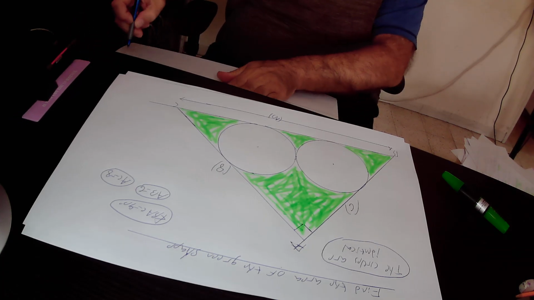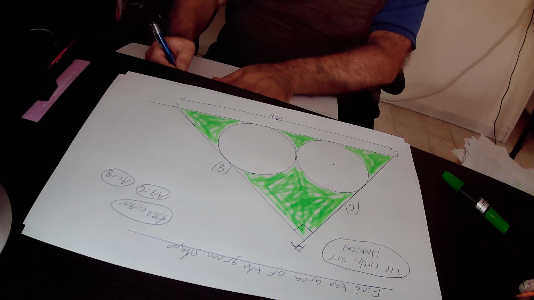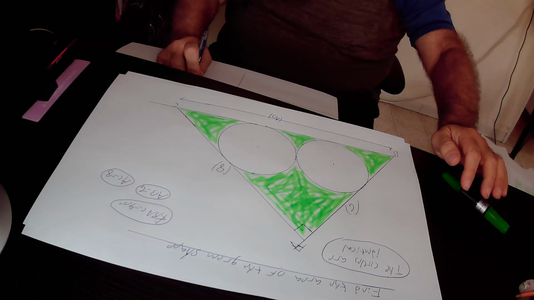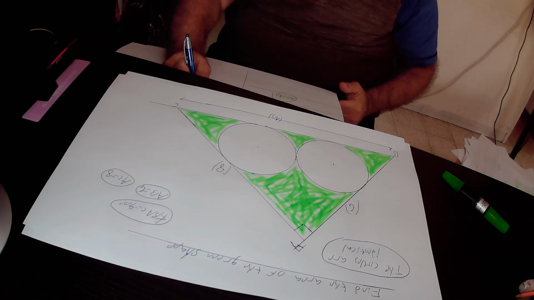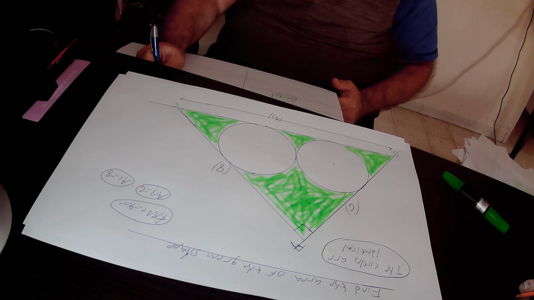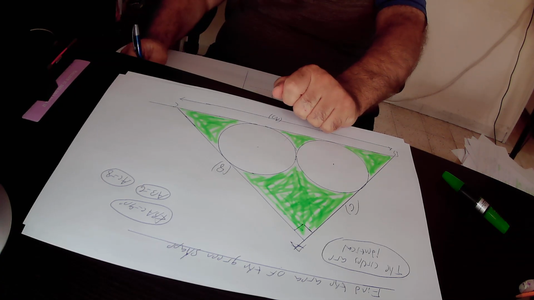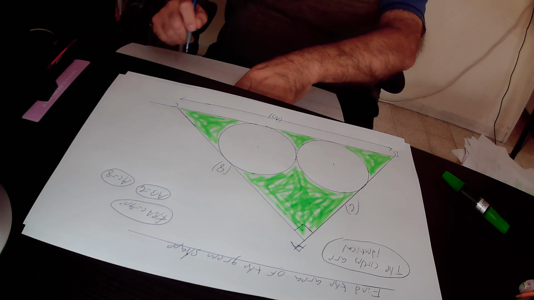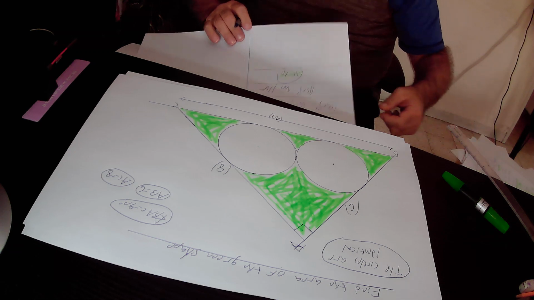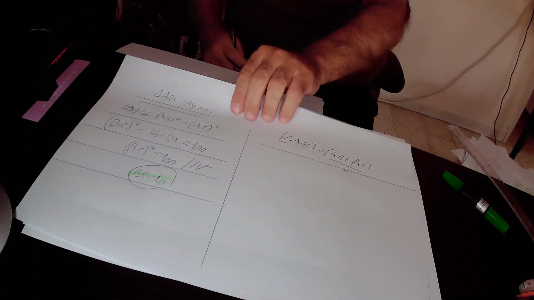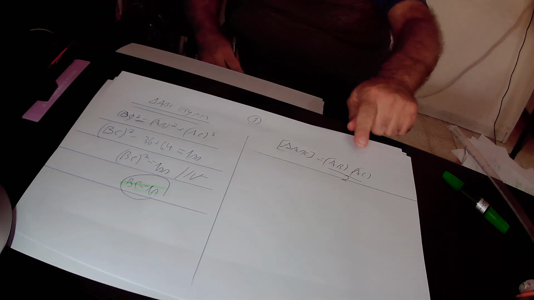So the area of this triangle ABC will be equal to the base AB times the height AC over 2. And again, the area of the right triangle ABC equals the base AB times the height AC over 2.